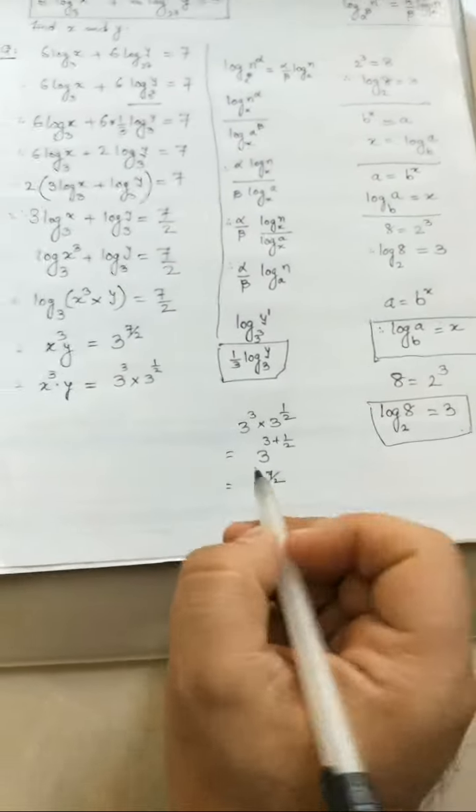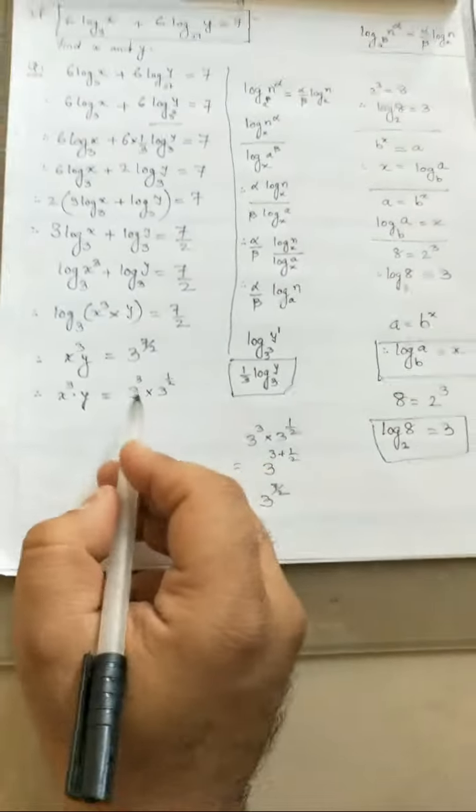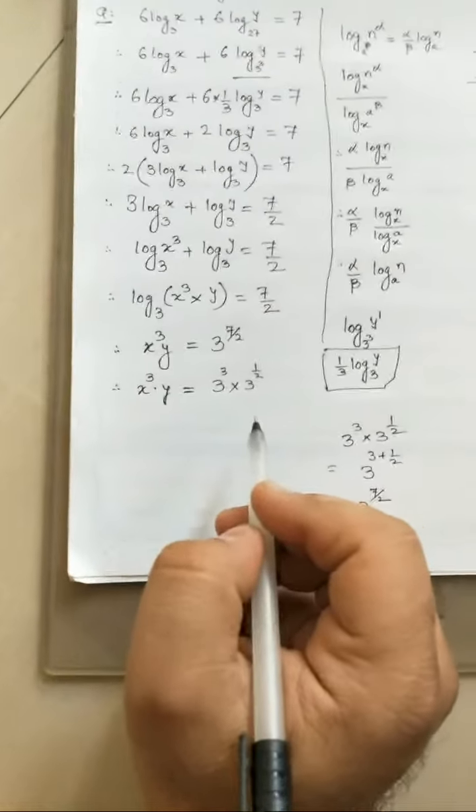Okay, so 3 raised to 7 by 2 can be broken into two parts, 3 raised to 3 into 3 raised to 1 by 2.